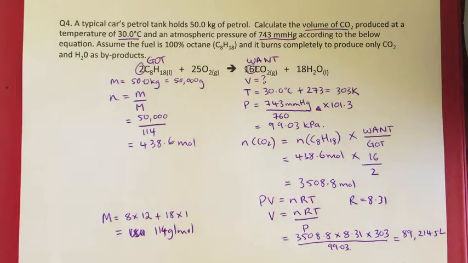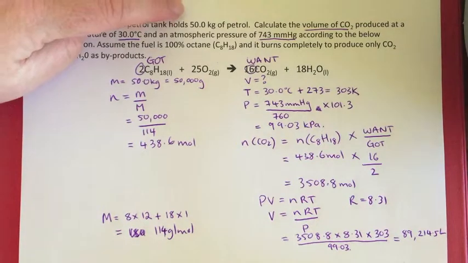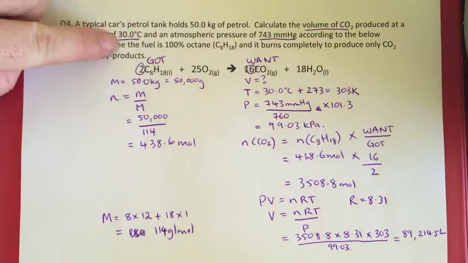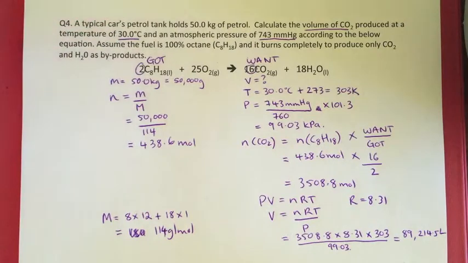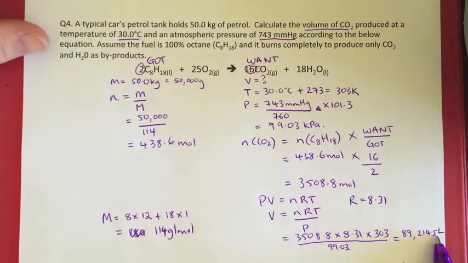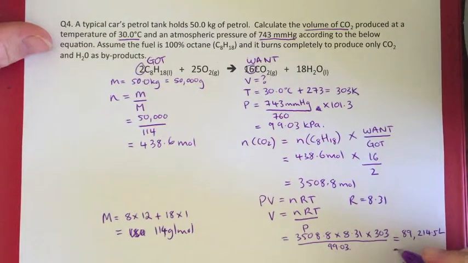But if we go back and look at how many significant figures we need, we've got 3 here, 3 here, 3 here. So we've got 3 significant figures. We technically could say 89,200, but a better answer is to put it into scientific notation, which is 8.92 times 10 to the 4 litres.